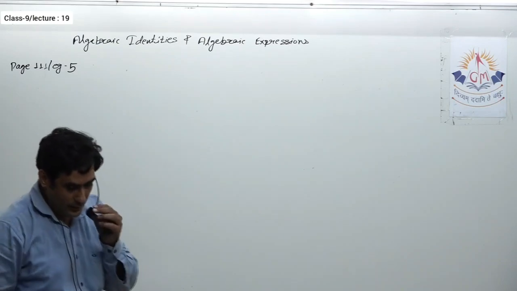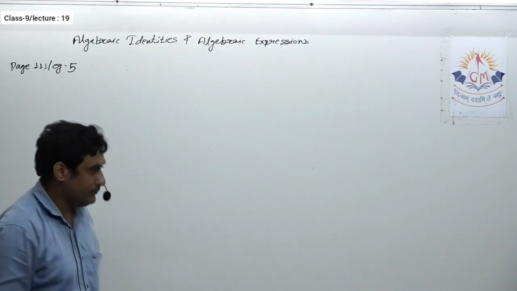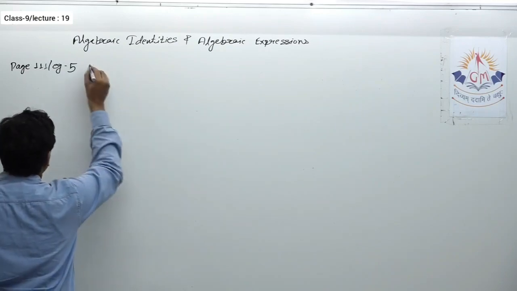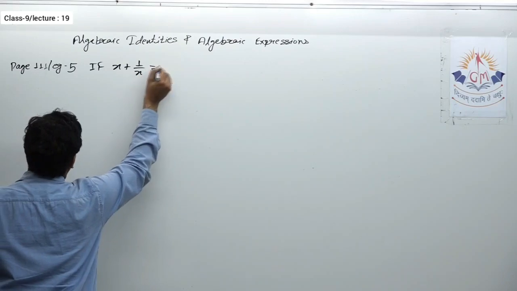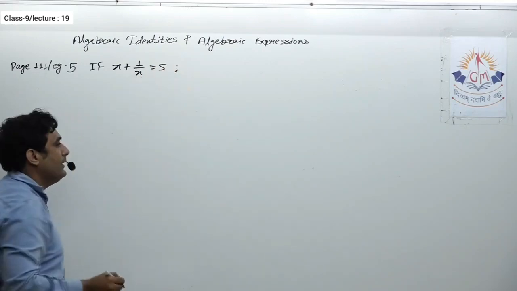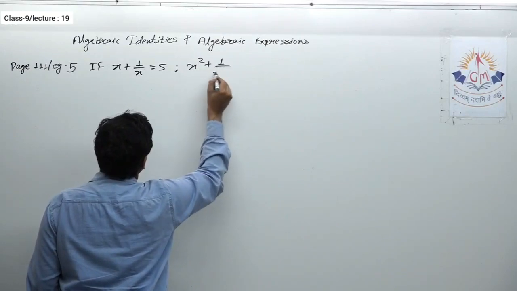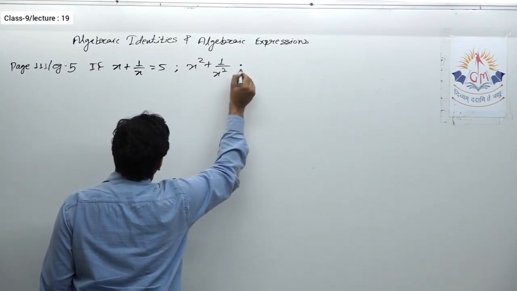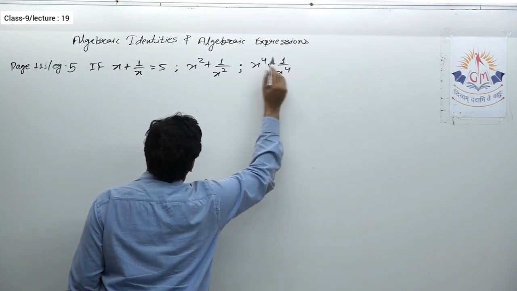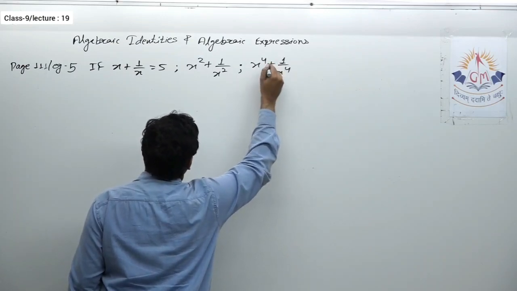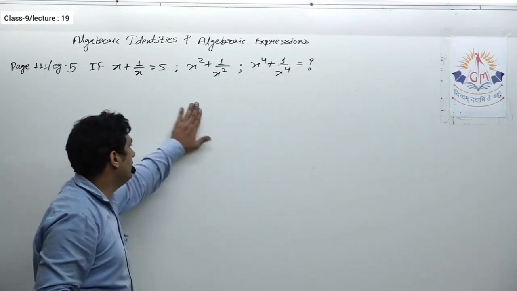These types of questions are like this, where x plus 1 upon x is given. The question is: if x plus 1 upon x is equal to 5, then find the value of x square plus 1 upon x square as well as x raised to 4 plus 1 upon x raised to 4. We have to find the values of these two.